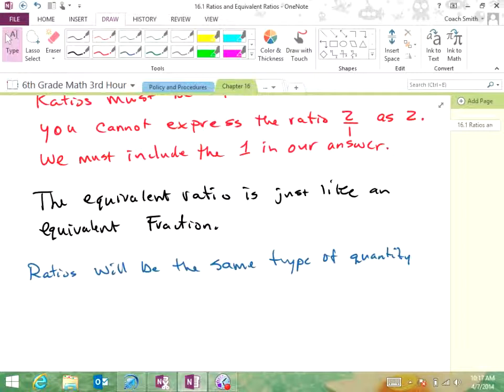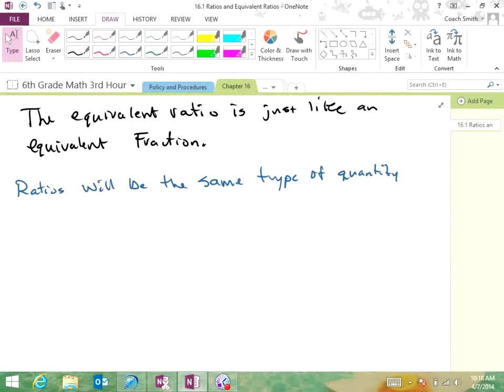Okay, you won't have something like miles and gallons. Okay, miles and gallons are not the same quantity. Miles measure what? Distance. What does gallons measure? Liquid or mass. Okay, volume. Okay, so those two things are not the same type. Okay, so your ratio will always be the same type.